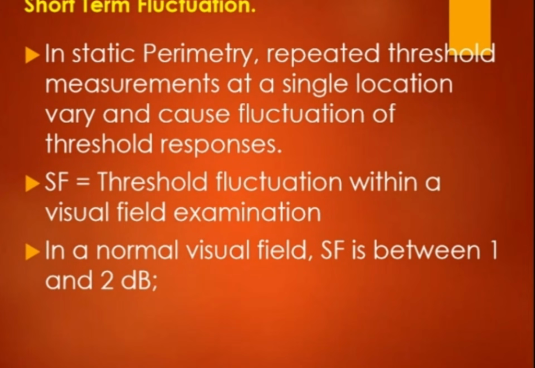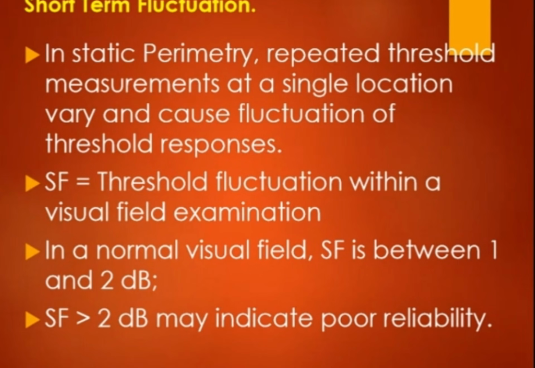In a normal visual field, the short-term fluctuation should be between 1 and 2 decibels. So short-term fluctuation that is more than 2 decibels may indicate poor reliability. So if you check the short-term fluctuation and it is more than 2, you may not proceed with the interpretation.